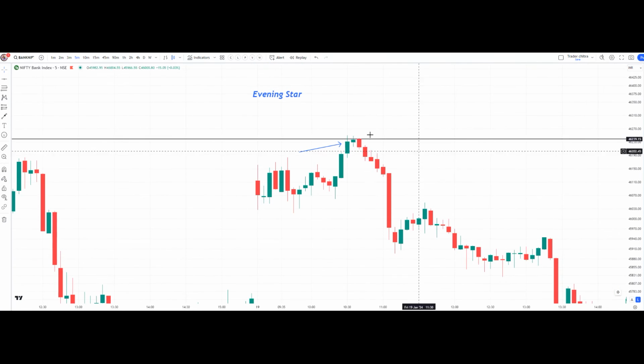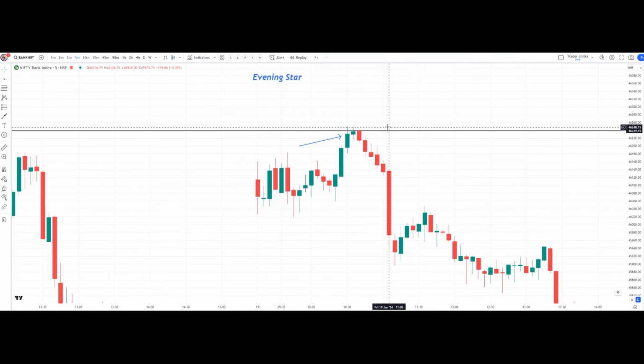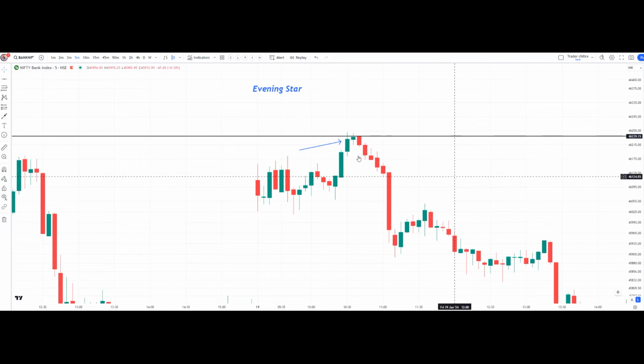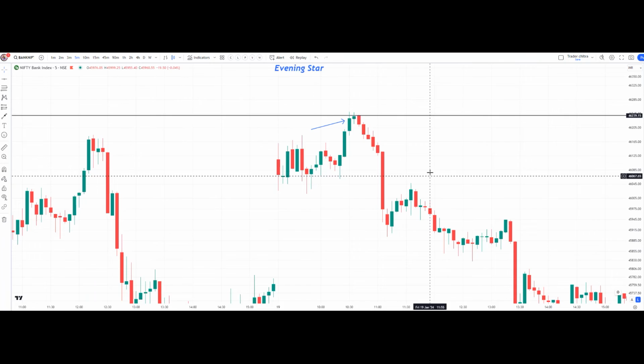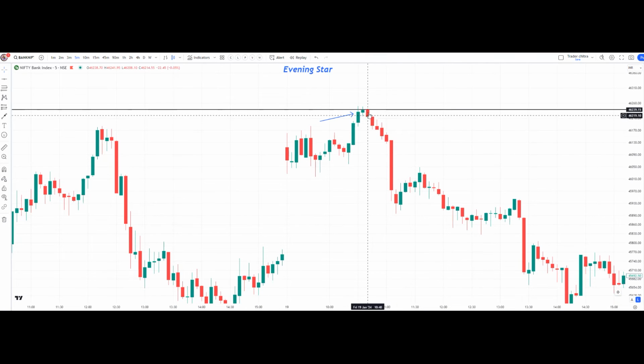We will be entering into the short trade below the low of this red candle. We can keep the stop loss at the high of this doji candle. Once we enter into the trade, we see the fall from that particular resistance level. So you can enter into the trade below the low of this red candle, and you can keep the stop loss above.